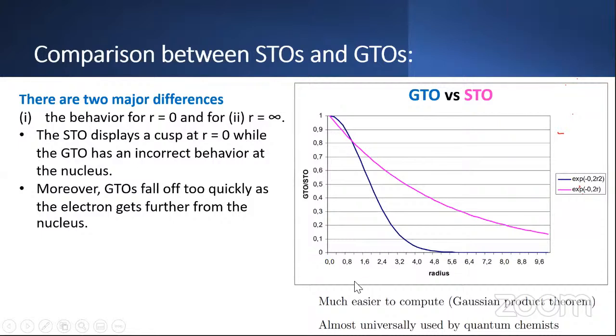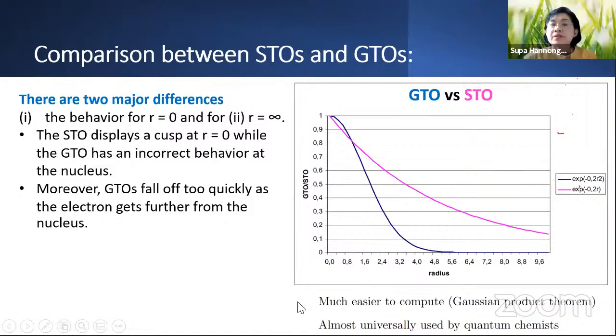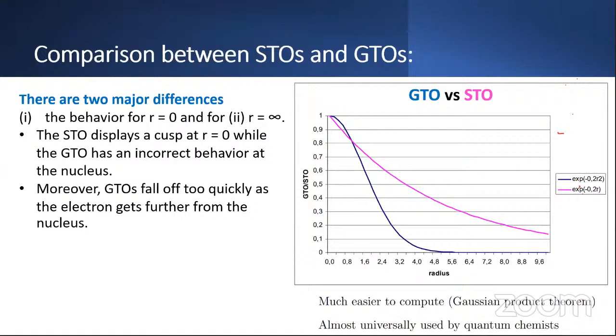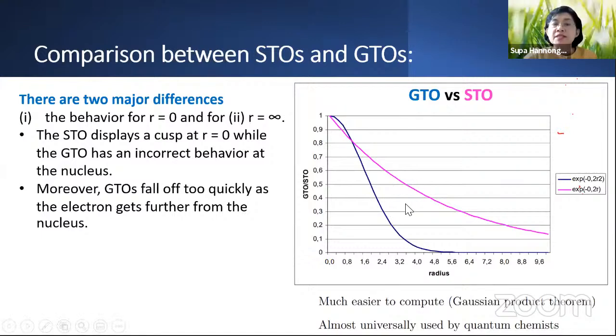Anyway, what we have learned from this is that the GTO is much easier to compute. This is very convenient, and most of the quantum chemists like to use GTO rather than STO because it calculates faster.